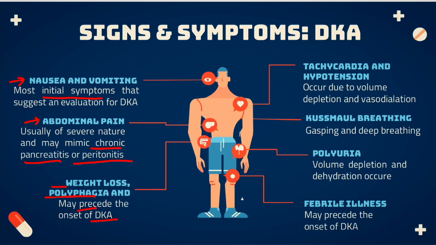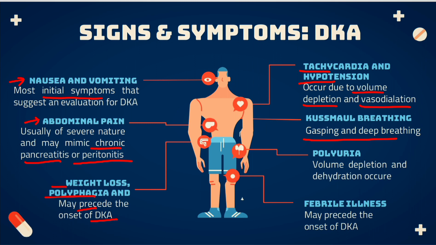A person can have tachycardia or hypotension, a decrease in blood pressure, and these two conditions happen because volume depletion and dehydration are present in this condition, as well as vasodilation. In DKA, a person sometimes feels difficulty in breathing due to gasping. He takes deep breaths and puts effort into breathing.